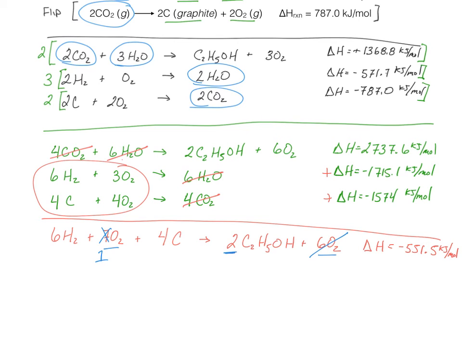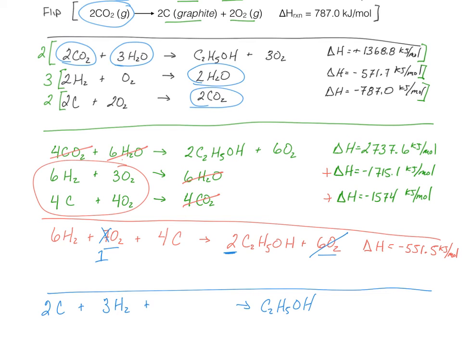Now, the next thing to remember is that our overall reaction that we were going for was actually C2H5OH being produced from 2 carbon plus 3 H2 plus 1/2 O2. If you notice, that's not what we have. We have 2, we have 4, we have 6, and we have 1.